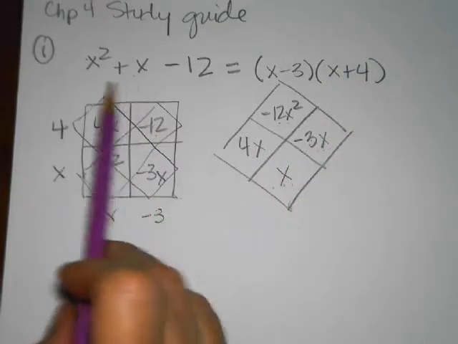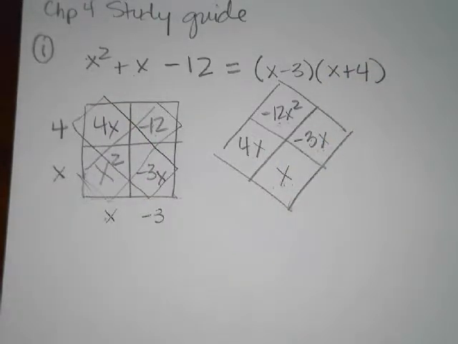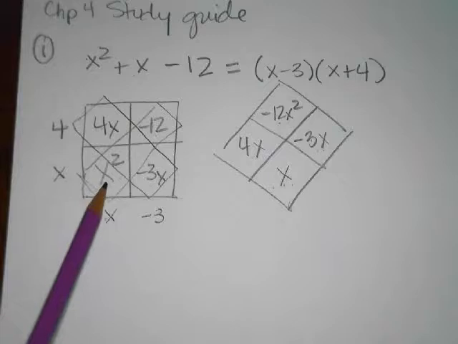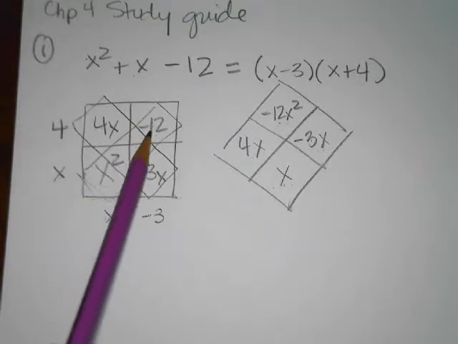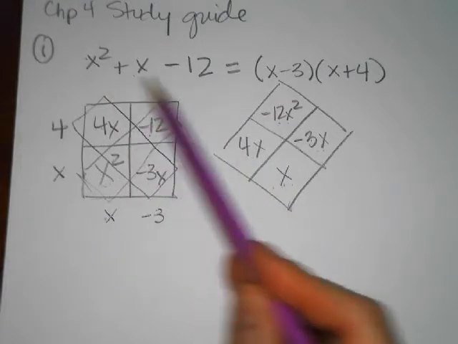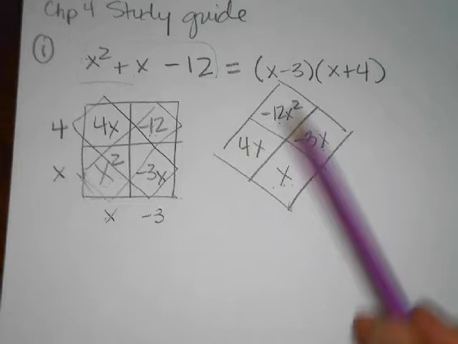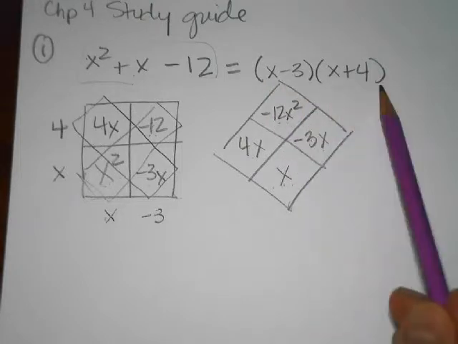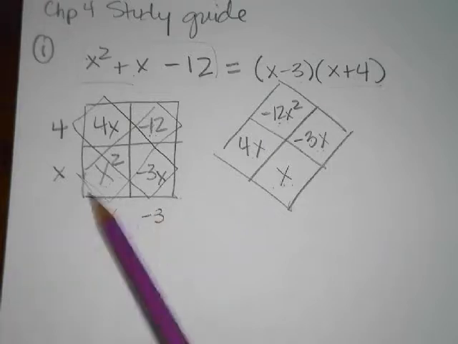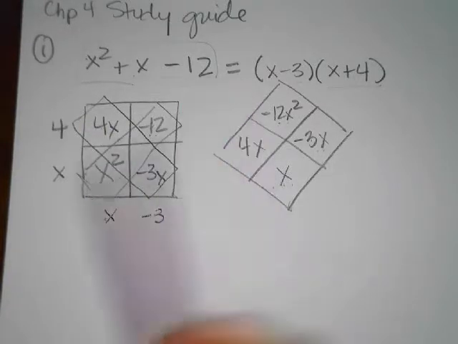This is the sum of all of the tiles together. There are 4 x tiles here, 3 red x tiles here, 1 x squared tile here, and 12 red unit tiles here. That's the sum of all of those tiles. This is the length and the width. Area of a rectangle is length times width, so the length times the width equals the area.